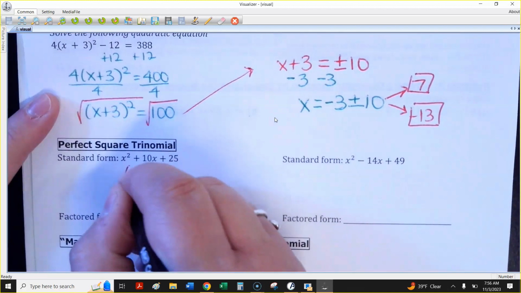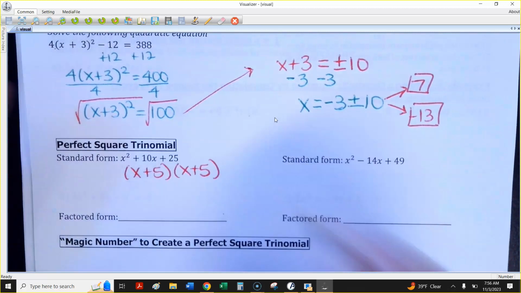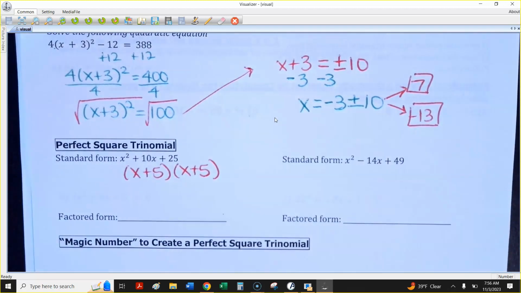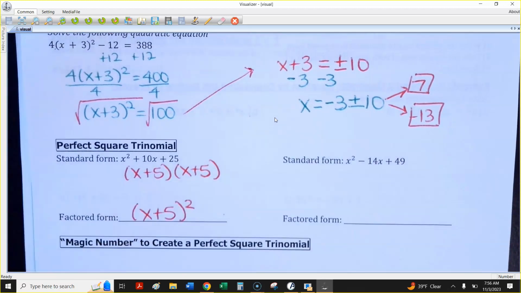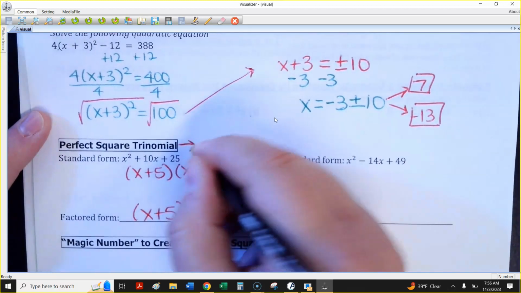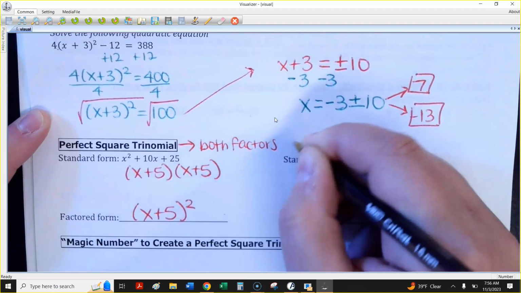Okay, so I could write this in factored form as x plus 5 times x plus 5. What is another way I could write that? Yes, okay, so that is what a perfect square trinomial is. Anytime both factors are the same.